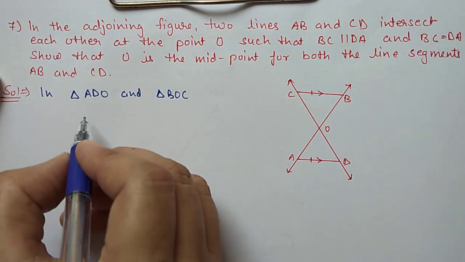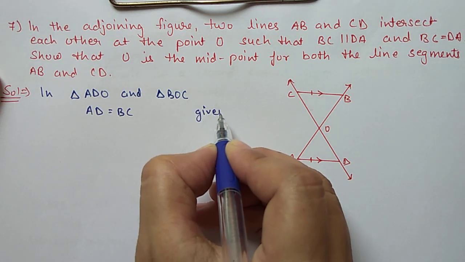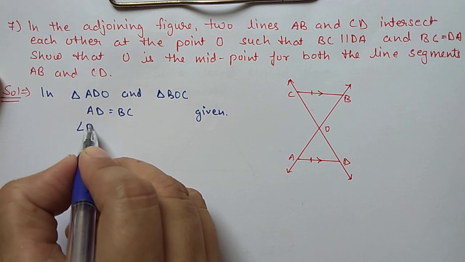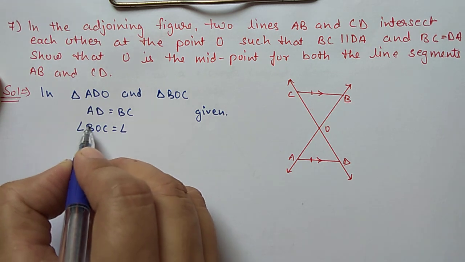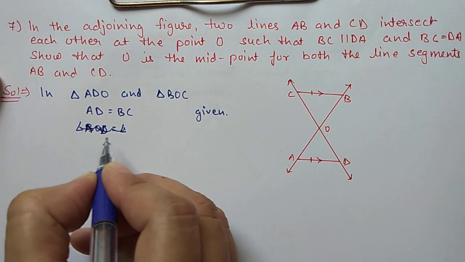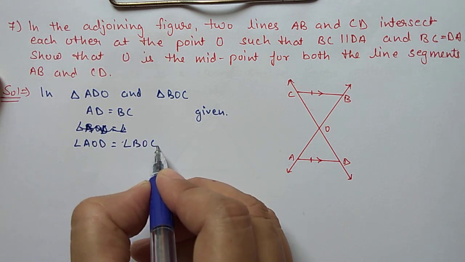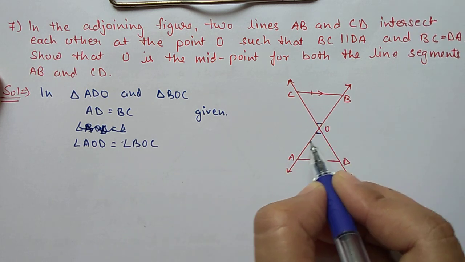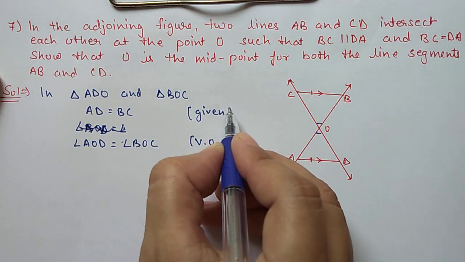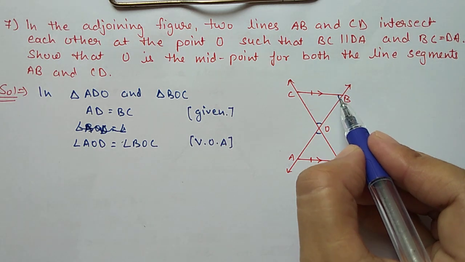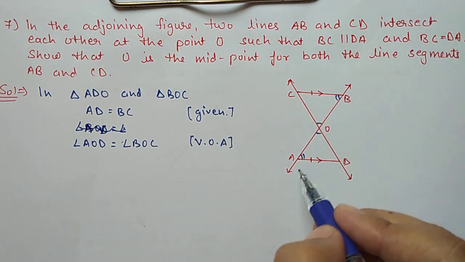So we can take first AD is equal to BC. This is already given in the question. Second, we can take angle AOD is equal to angle BOC, because these two angles are vertically opposite angles. Third, we can take any other angle. We can take this angle is equal to this angle, because these two lines are parallel to each other and this is a transversal.